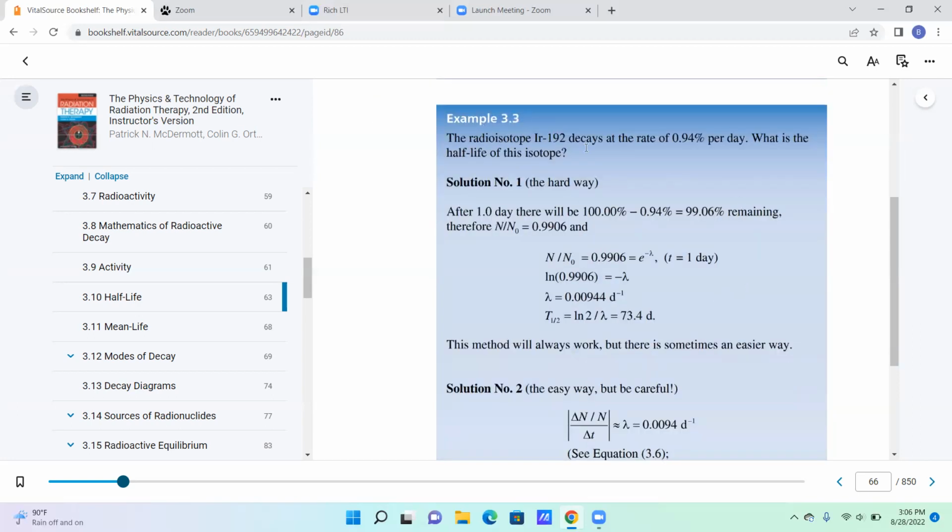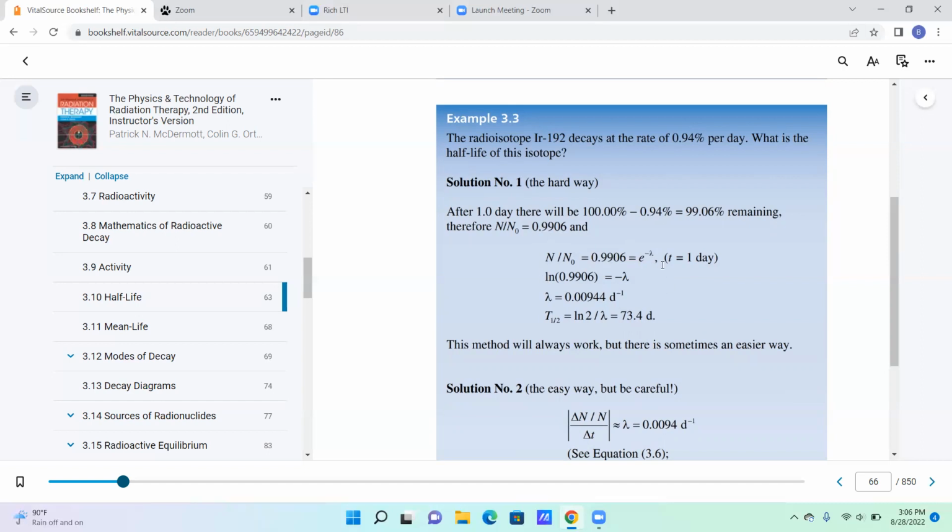The radioisotope iridium-192 decays at a rate of 0.94% per day. So what is the half-life of this isotope? You want to do it the hard way. After 1 day, you subtract off 0.94, and you've got 99.06 remaining. Therefore, N divided by N naught is 0.9906. And this is going to end up being equal to e to the minus lambda.